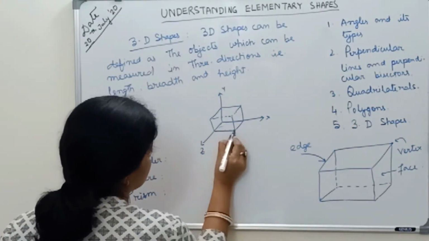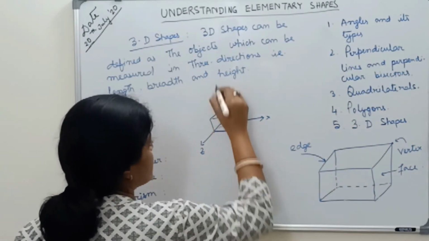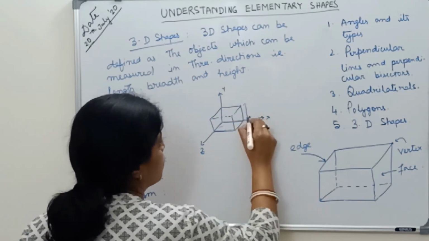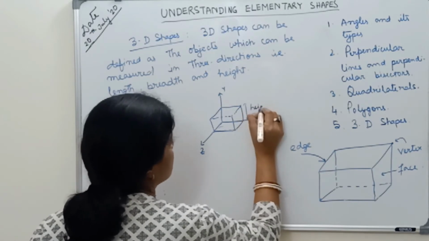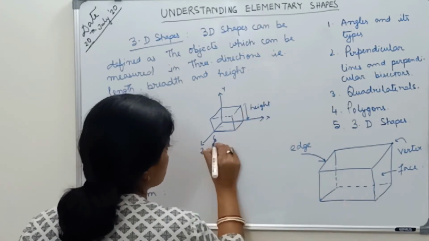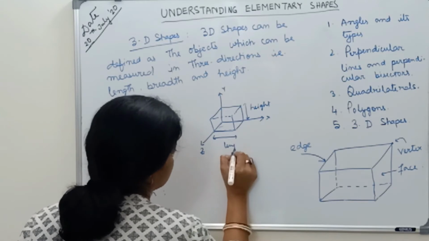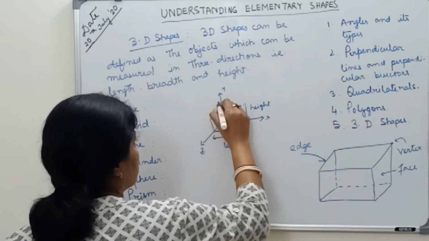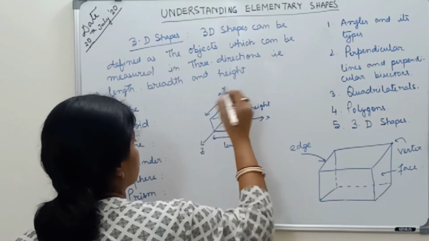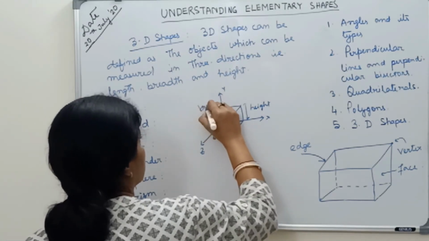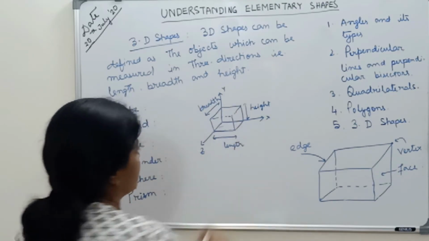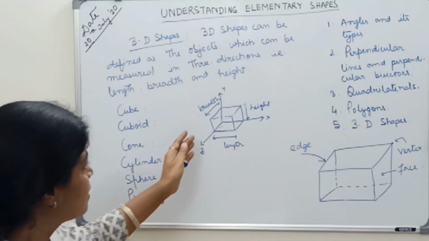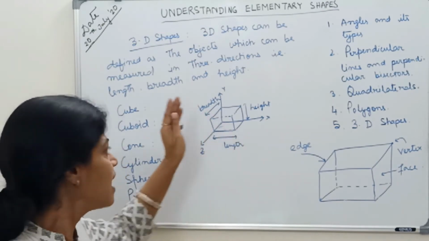This is the y-axis, meaning this is the width or height. So, three dimension means it has length, breadth, and height.